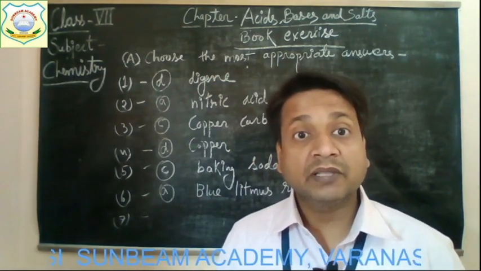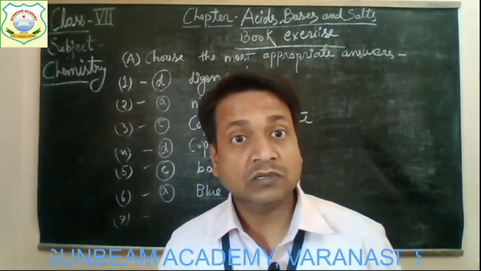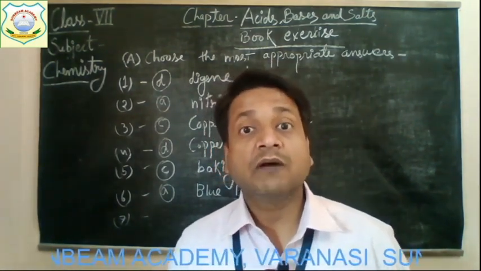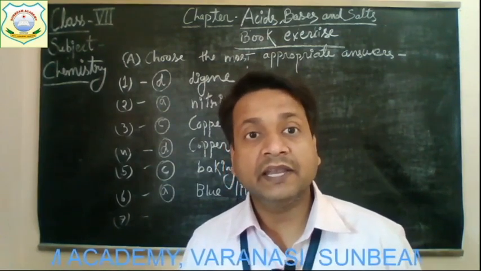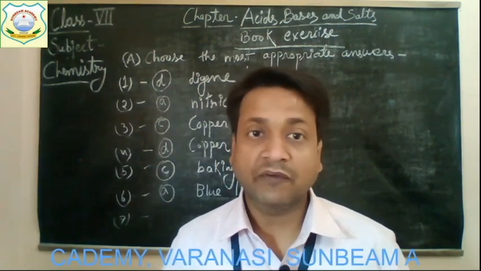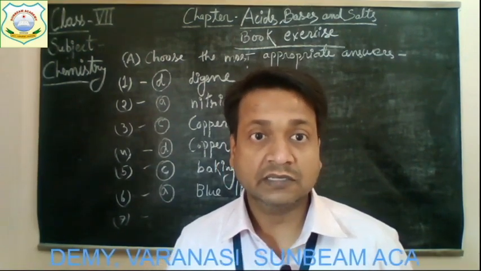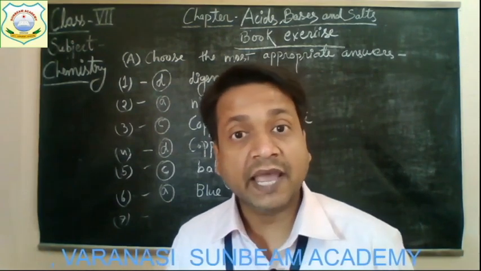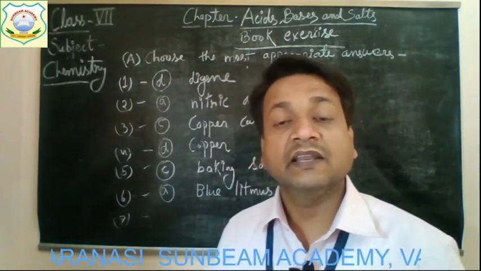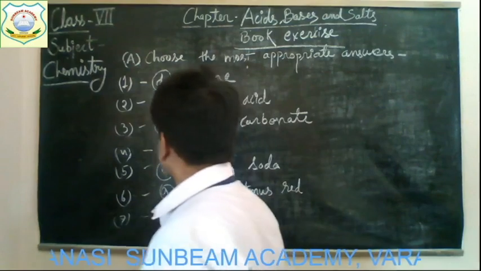Children, remember that I have also shown this salt solution tested on different indicators, and there is no effect, because it is neutral in nature. So the correct option will be D, none of the above.